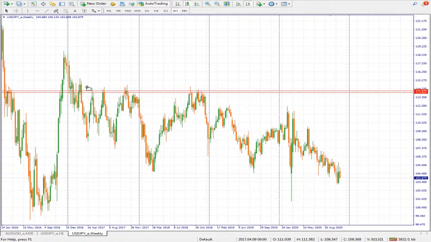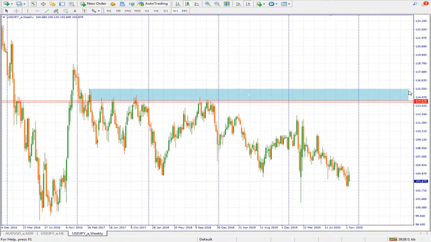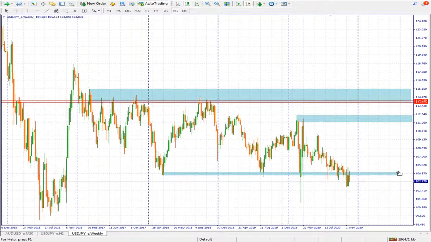This is a resistance level. I'm drawing it as a zone because the resistance levels are not exact. It's a resistance zone. We have another zone here. This is another resistance zone, and then you have another one from the lower side.